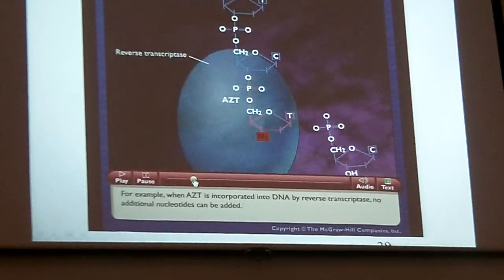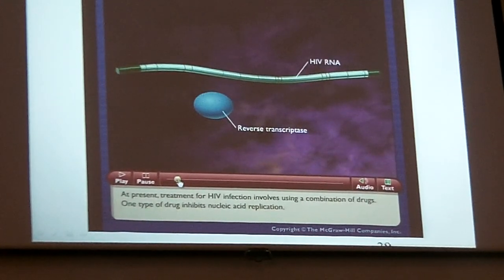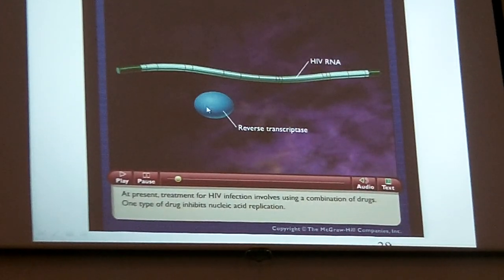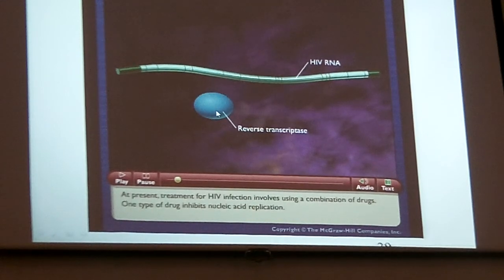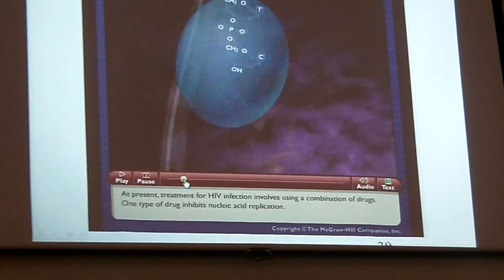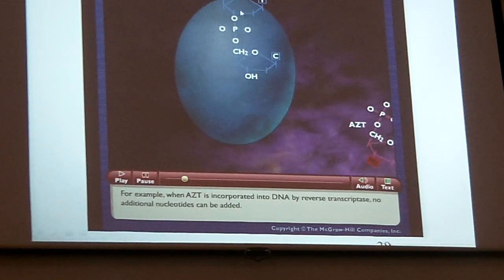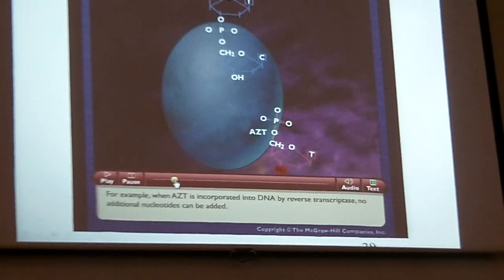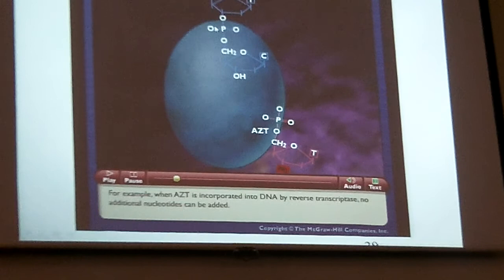Okay, hold on now. So AZT, have you ever heard of that drug? That was the first drug for HIV. Here's the viral RNA. Here's reverse transcriptase. What's the reverse transcriptase going to do? What's its job here? RNA. It changes the RNA into DNA. And so it's going to attach and start making DNA. And these are DNA nucleotides. And see, it's a T and a C. Well, AZT is a drug that is shaped like a nucleotide.